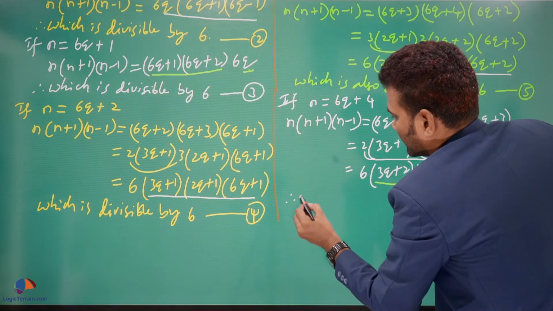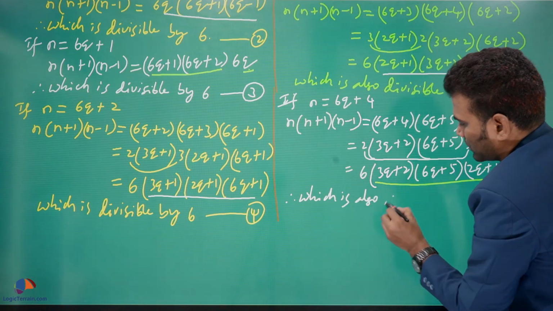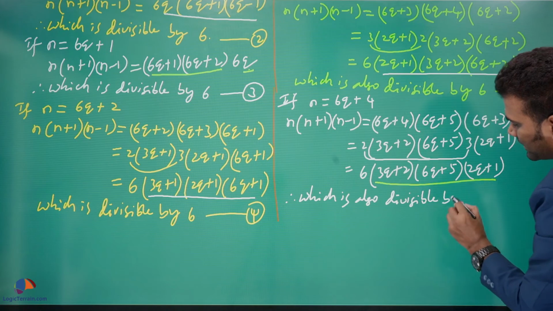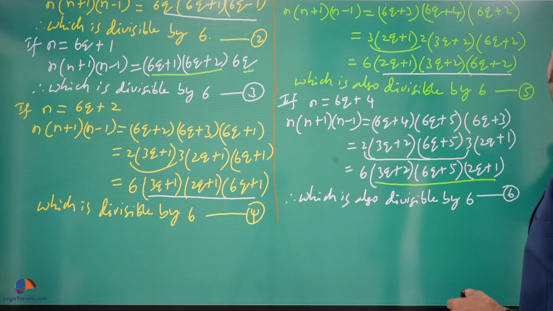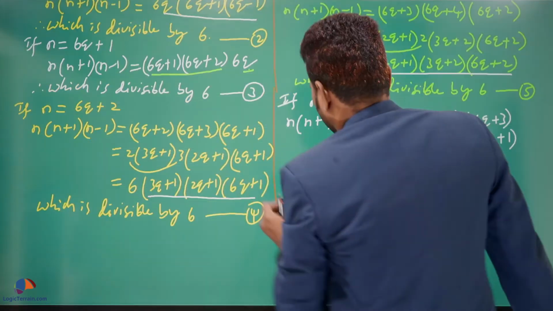So therefore which is also divisible by 6. Let us take this as number 6. Now we'll take the last one, that is 6q plus 5.